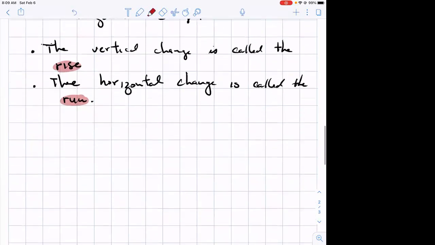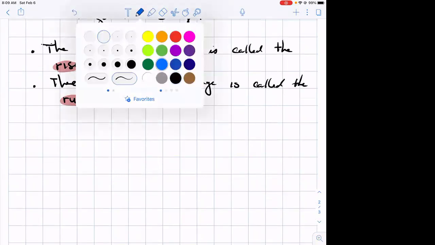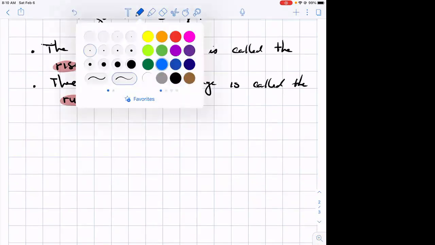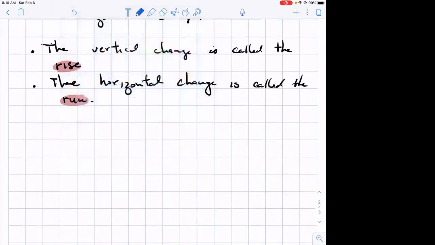So let's say we have a line that looks like this. So here is some line that we have.